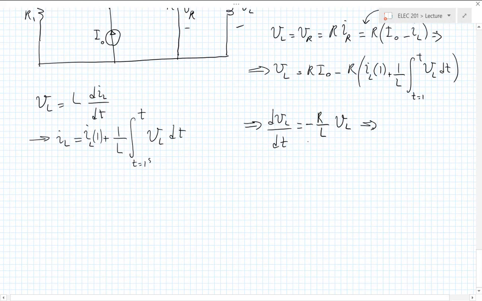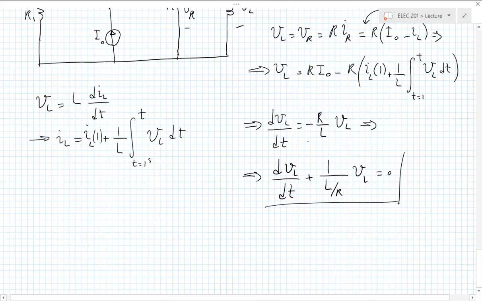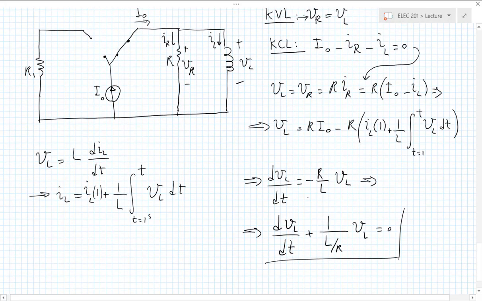And if you want to rearrange it in a more familiar form, and this is something that, again, we saw similar problems to before. So that gives you, again, an exponentially decaying function.